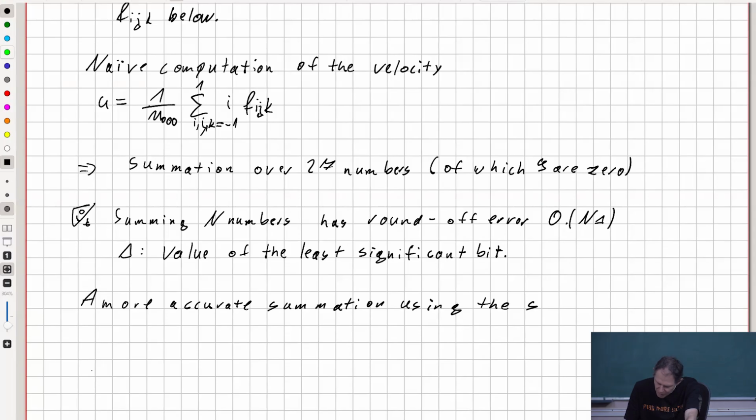using the same number of operations. So we are greedy, we don't want to spend more money, we just want to have a better result.